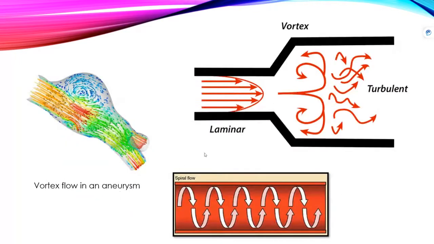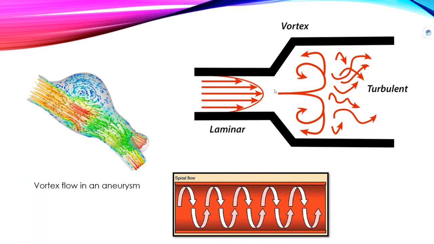When you look at these images right here, which are different representations of figure 6.1 in your book, this is laminar flow. This is a parabola, which is this little curve right here. As you can see, it's consistent direction, and each of these arrows is a consistent velocity that never changes. They're just different based on which area of the vessel they're in.